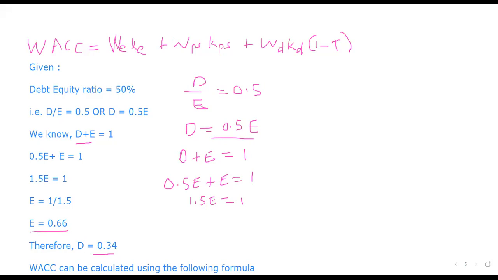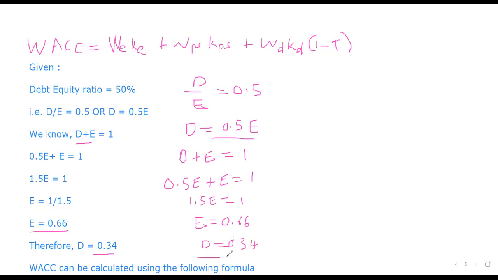Now we need to calculate the WACC. The proportion that we just computed, our equity is 0.66, then our debt here is 0.34.